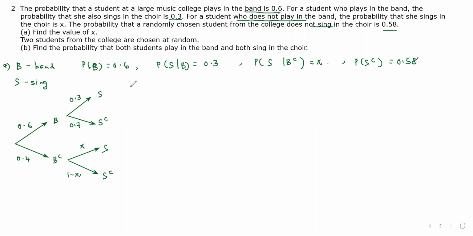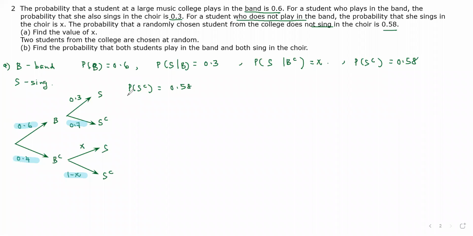Now we use the fact that the probability that the student doesn't sing is 0.58. For a student who doesn't sing, we look at this and that. That will give you the probability of a student who doesn't sing but is in the band, and the probability of a student who doesn't sing and is not in the band.